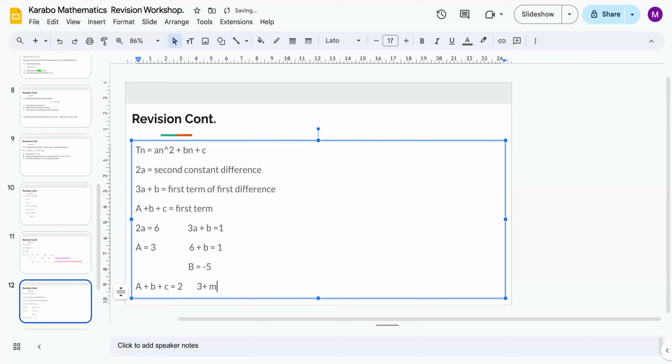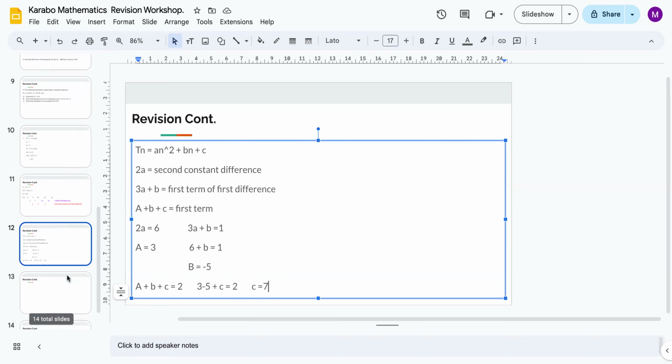It was minus 5. So we should say 3 minus 5 plus C, and that will give me the value of the first term, which is equal to 2. Quick algebra, guys, you get C is equal to 7.